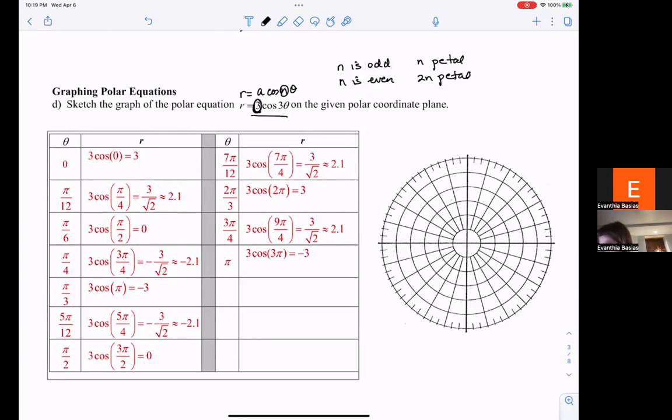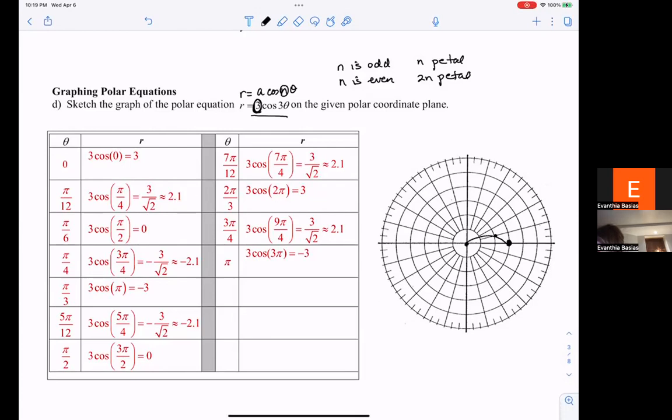So it starts at 3. So it starts here. And then it goes pi over 12, 2.1. So it's around here. And then it goes pi over 6 to 0. So it goes down over here. So the petal goes this way.